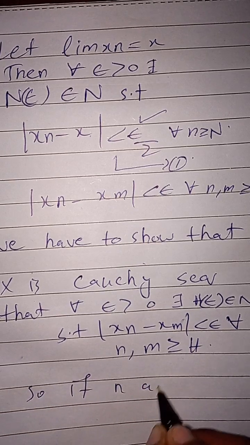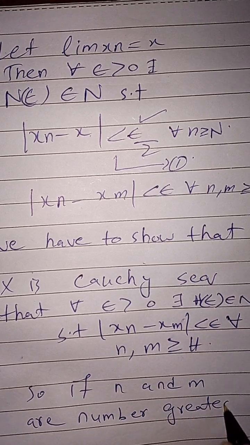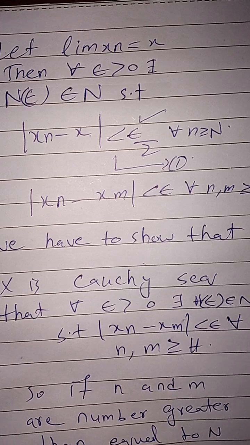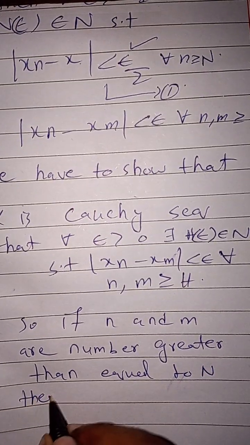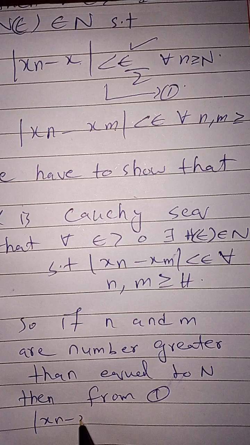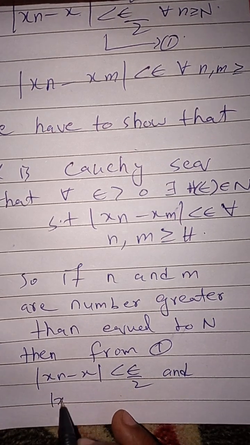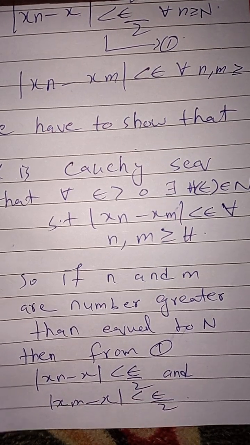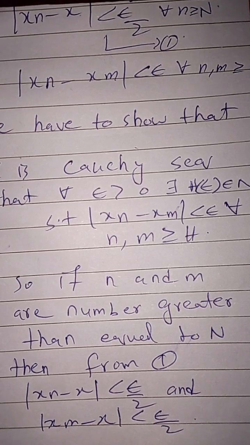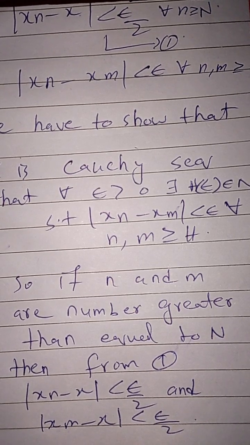So if n and m are greater than or equal to N, then from 1, |xn minus x| is less than epsilon by 2, and |xm minus x| is less than epsilon by 2. So we are given these two things.